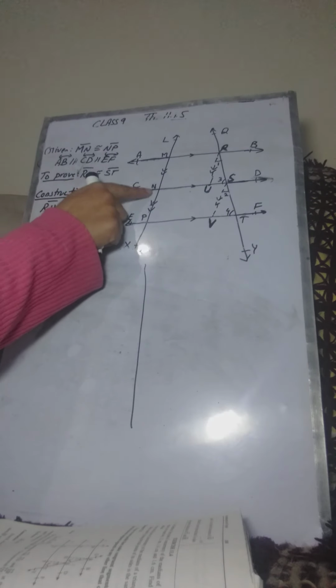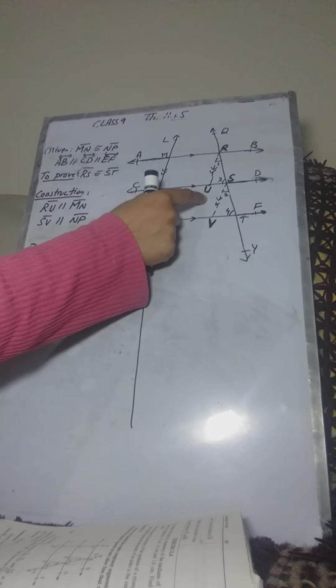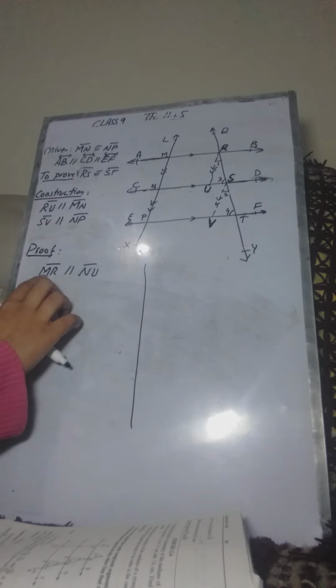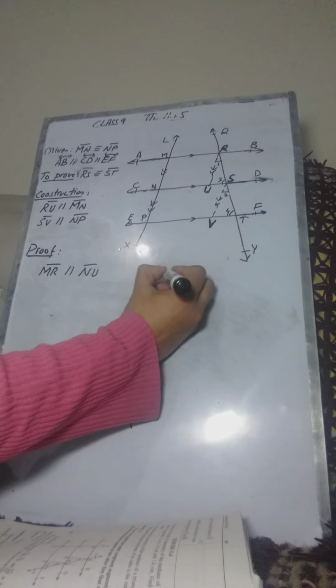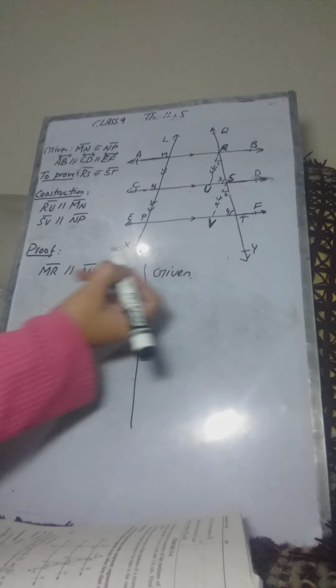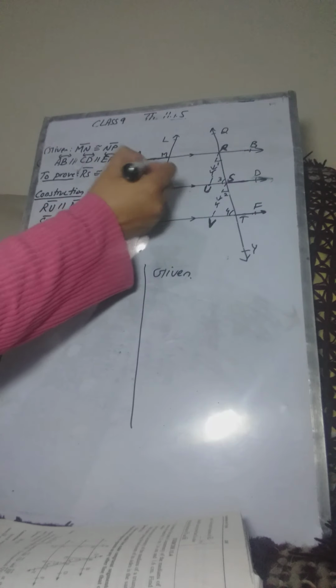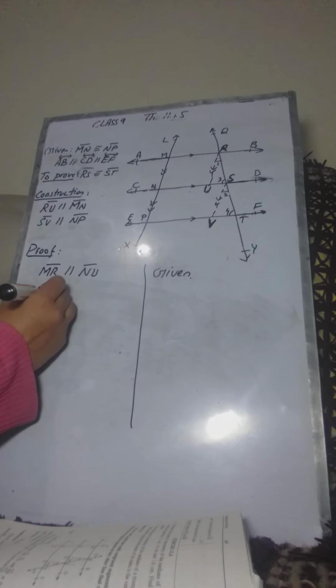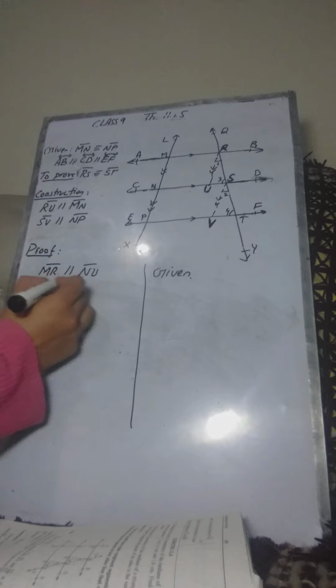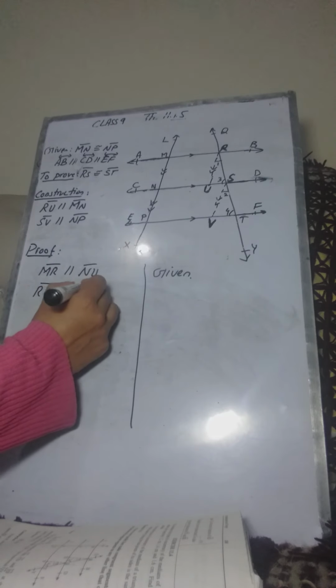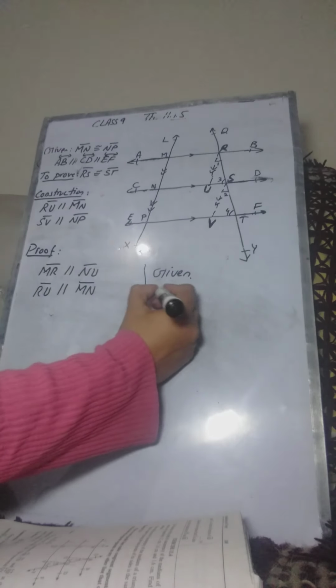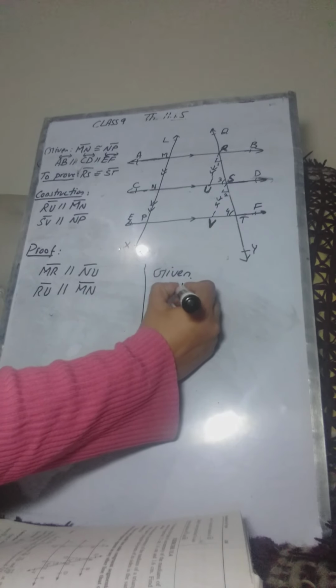AB is parallel to CD, therefore MR, which is the segment of AB, will be parallel to NU, which is the segment from CD. So MR is parallel to NU. This is from the information which is given to us. And RU is parallel to MN. This is from the construction.